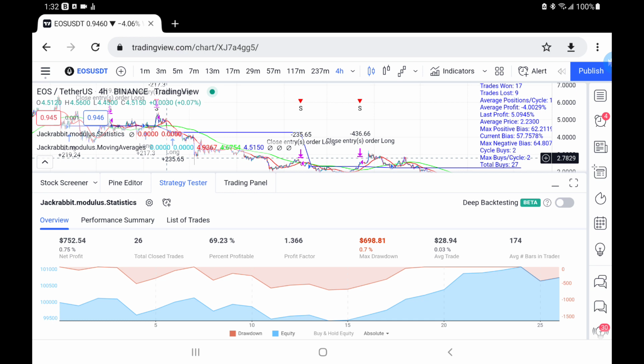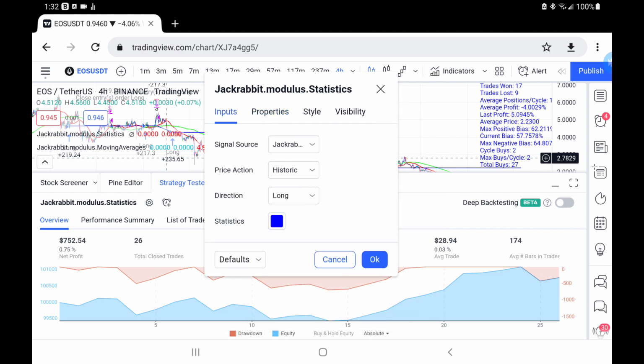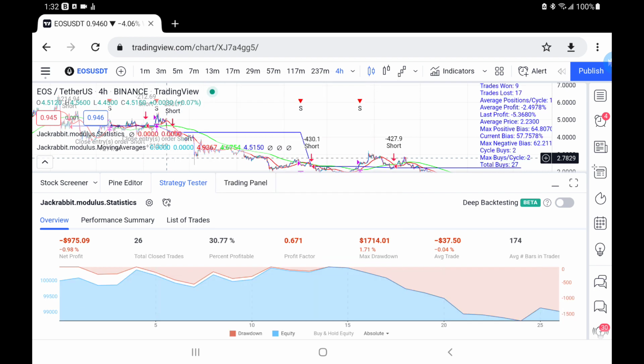Now, right now, this is long only positions, no shorts. So let's see what would happen if I changed the direction and I took into account short trades. And as you can see, the market isn't as favorable in a short direction for this asset.